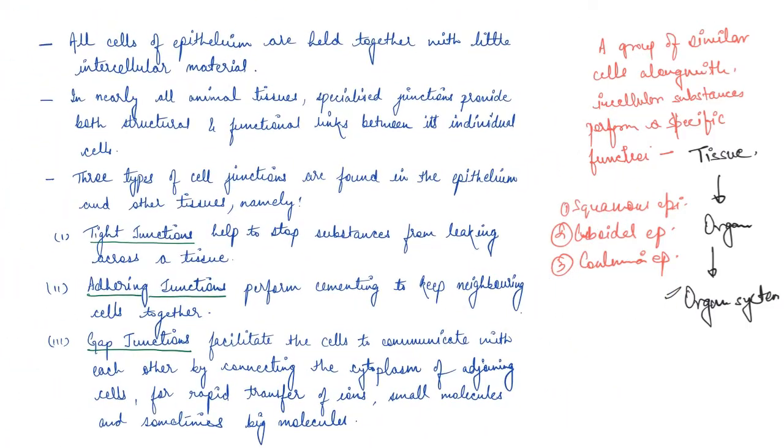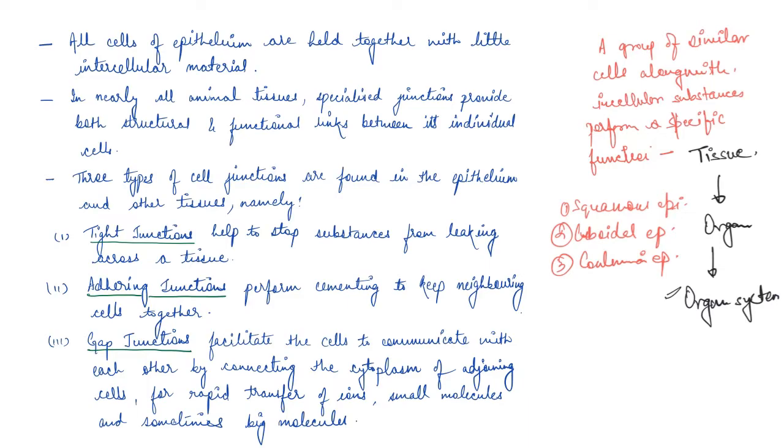In nearly all animal tissues, there are specialized junctions as well, which provide structural and functional links between the individual cells.